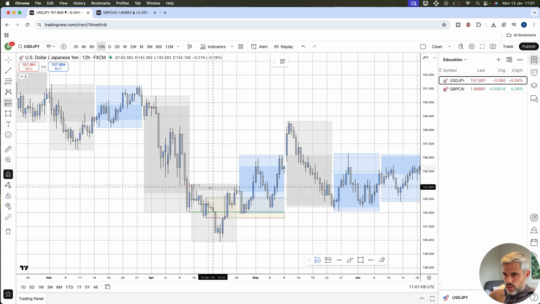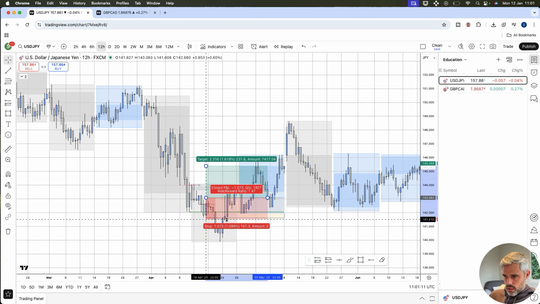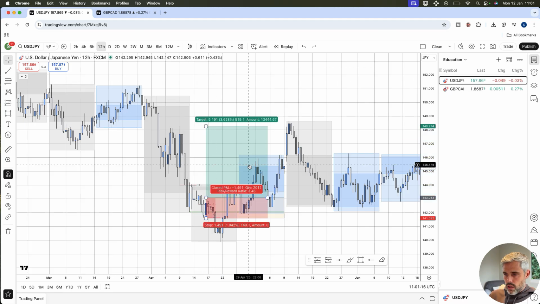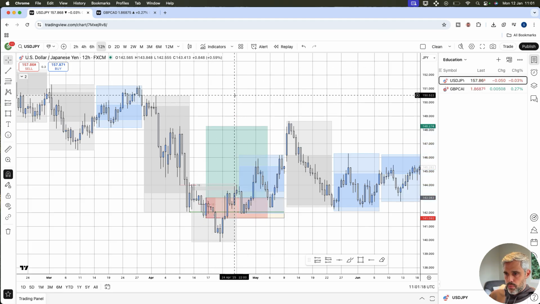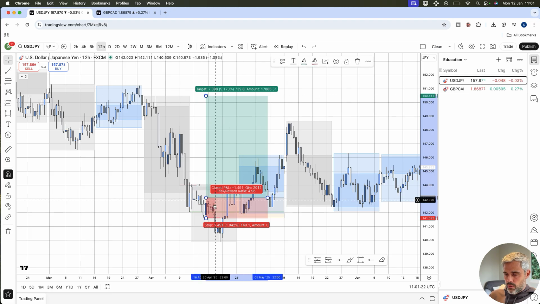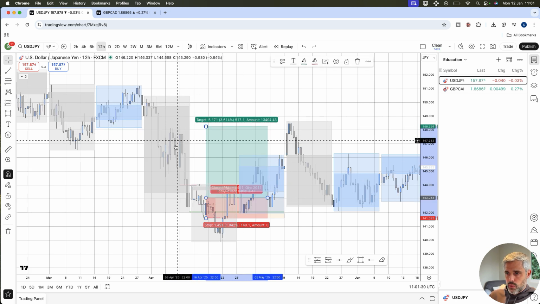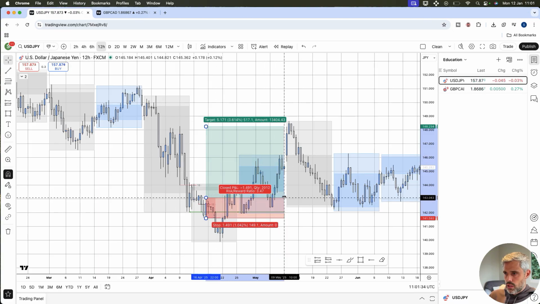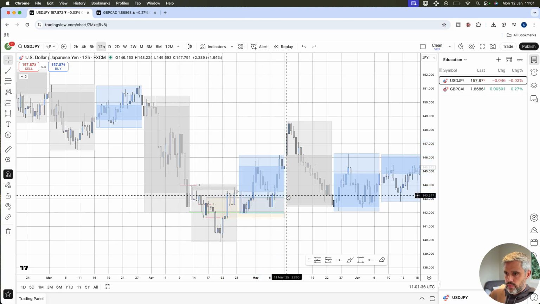So you could then use this covering the low as your entry point to target higher, and that's exactly what ends up happening. So it might be that you want to hold for this high for a full completion of this CRT in this instance, or you might be looking for highs within this leg down here. But you can see that plays out as a 3.47 R trade.